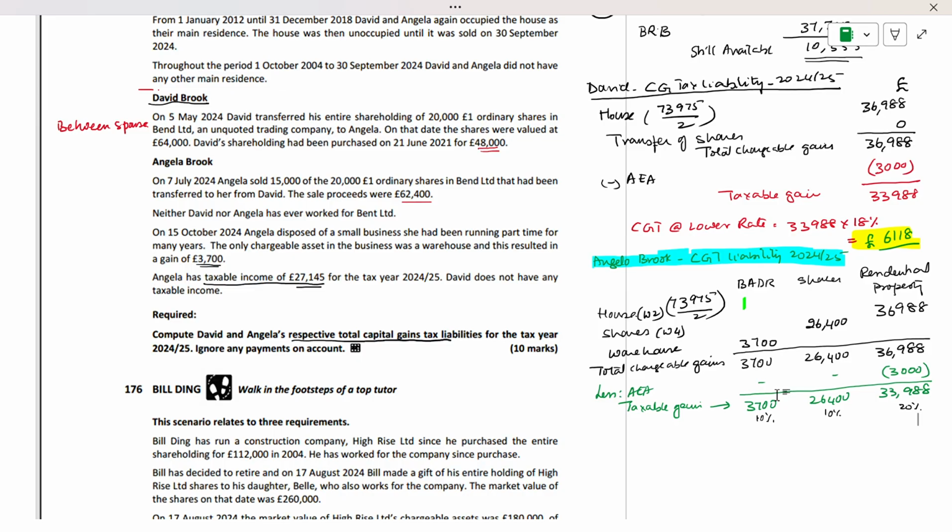How can we use it? 1 second. I'm writing on the right hand side for our understanding.